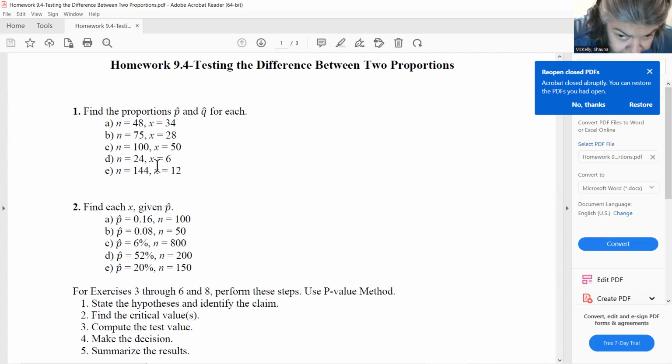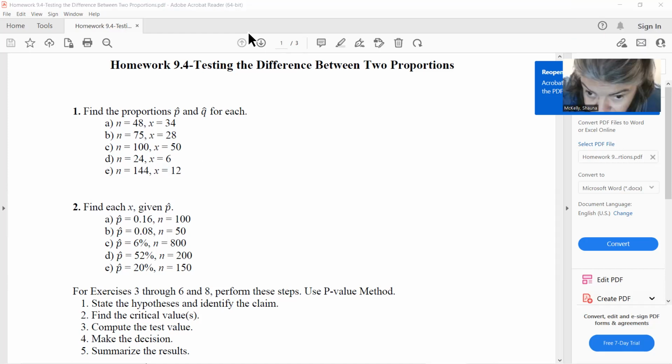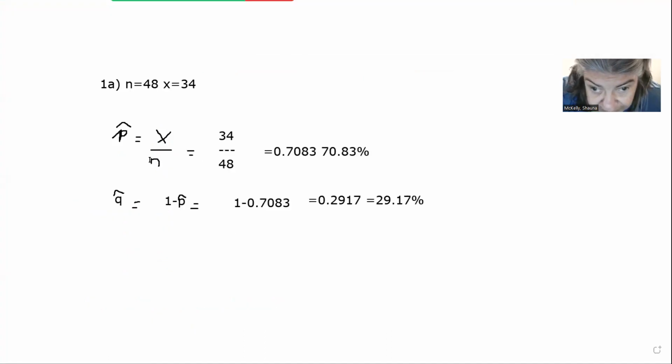Number 2, find each x given p hat. Here you have p hat is 0.16 and n is 100. Let's do 2a down here.